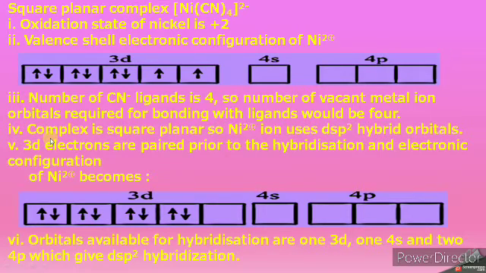The complex is square planar. It is already mentioned, but if you observe the previous example, there are also 4 Cl minus, but that nickel undergoes tetrahedral shape or tetrahedral structure because the hybridization is sp3.